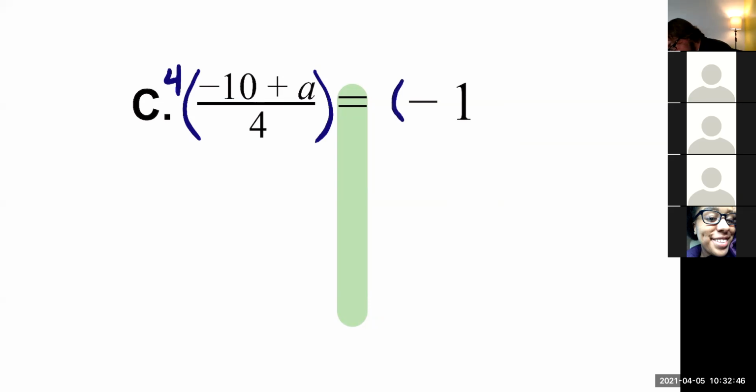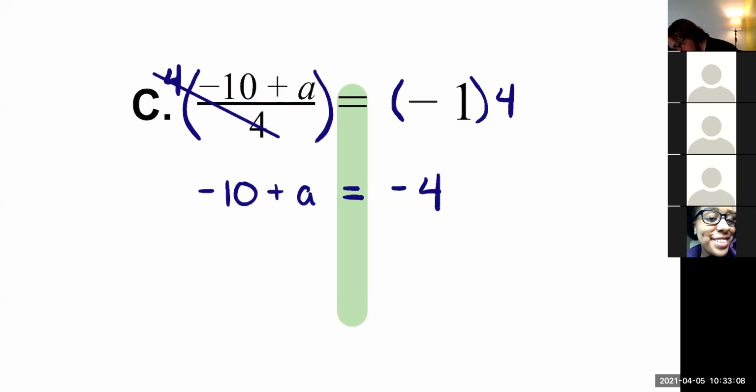But whatever we do to one side, we have to make sure we do it to the opposite side. On the left, the 4 multiplied with the 4 being divided simplify to 1, disappear, hide, whatever you want to call it, leaving us with -10 plus a. On the right, -1 times 4 is going to give me a -4.